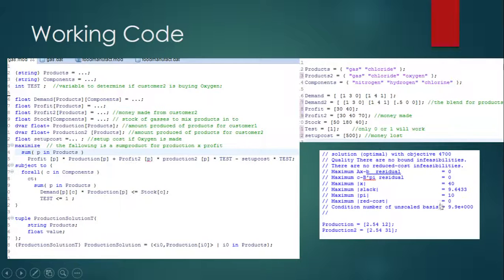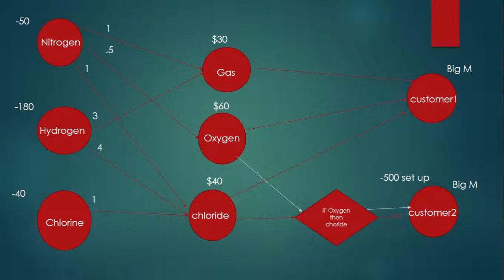And then this is our solution. Interestingly enough, even with the setup cost, we still chose to produce oxygen. And then after working this out, I figured that none of the chloride or the oxygen used hydrogen, I believe.